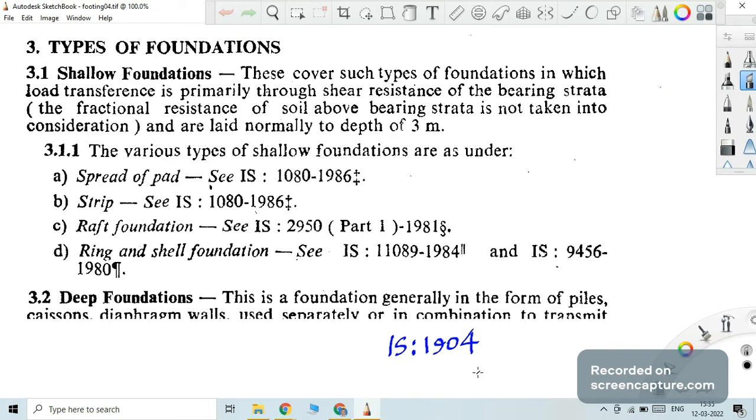Then we have strip, raft, and ring and shell foundation. Strip and raft carry more than one column. Ring and shell foundation are used in special conditions where we cannot expect that much bearing capacity. Deep foundation: piling, caissons, wells, etc. All these things are covered or described by this IS 1904.